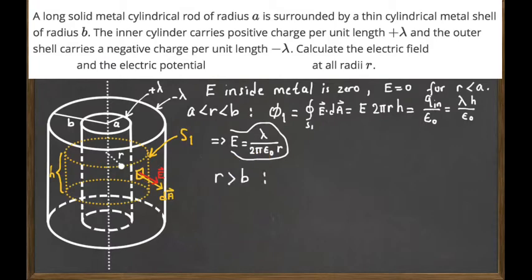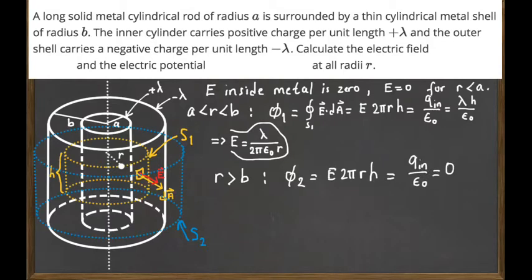The next question is, what is the electric field when you pick a point which is outside the outer shell? So that means the radius will be larger than B, because B is the radius of the outer shell. And again, we follow the same procedure: we choose a Gaussian surface, which is a cylinder that passes through the point where we calculate the electric field, and everything is the same, and the flux is the same as before, E times 2 pi r h.